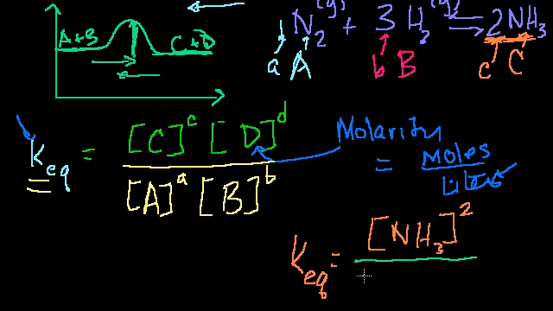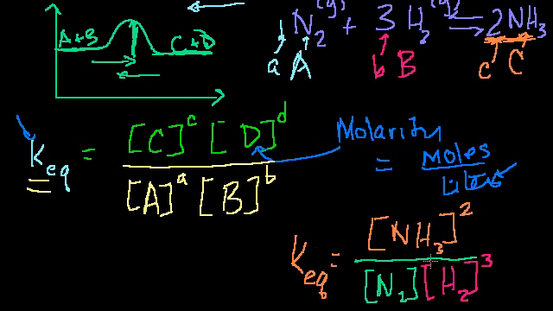So 1 mole of nitrogen, so I just put the concentration of the nitrogen, oh, no, I shouldn't write a plus there. It's multiplied, so times the hydrogen. And I raise it to the third power because for every 1 mole of nitrogen, I have 3 moles of hydrogen and then 2 moles of ammonia.